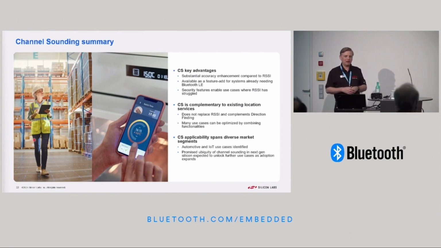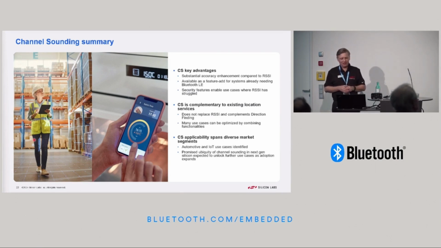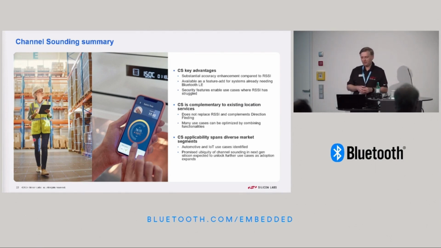That's one of the most exciting things about channel sounding, I think, is that it's going to be a feature add across the spectrum of Bluetooth Low Energy applications that we'll see as it rolls out and matures in the coming years. So I'm looking forward to seeing what everybody comes up with. That's all from my presentation.